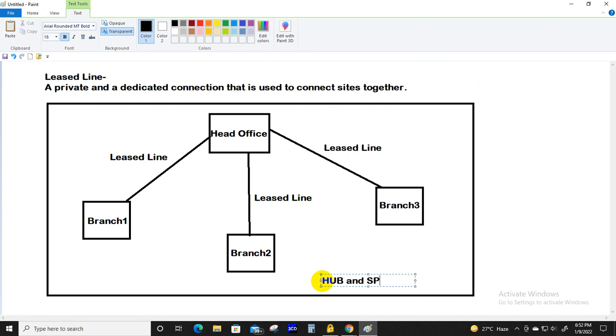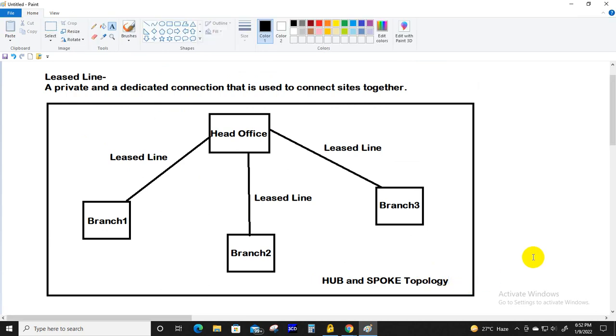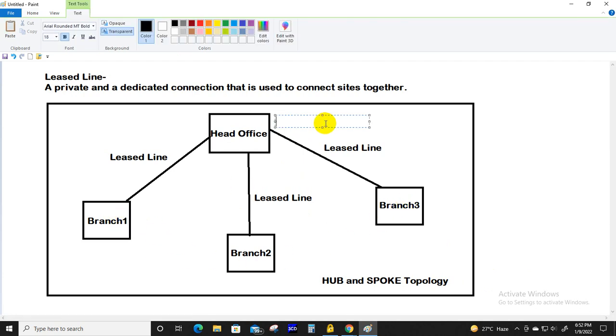In LAN it is called star topology, but in WAN it is known as hub and spoke topology, where the head office, or the central office, is the hub, and these branches are the spokes.